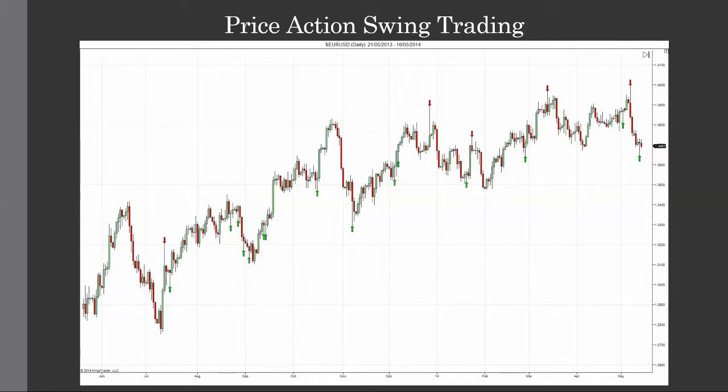So here we are back to our naked euro-dollar chart, and here we are with the pin bars illustrated on them. And if you look at where the pin bars are, you can see that it's a very effective method of determining a short to medium term trend. And essentially what price action aims to do, which is essentially what we started saying at the beginning, is identifying prices at which a lot of large positions are changed.